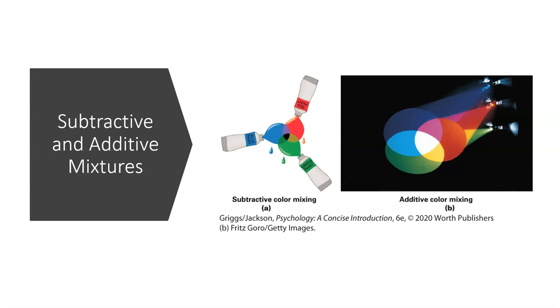The binary additive mixtures seem very counterintuitive. The additive mixture of equal portions of red and green wavelengths appears to be yellow, which, if you were playing with your paints, ends up being this gross kind of brownish, orangish thing.